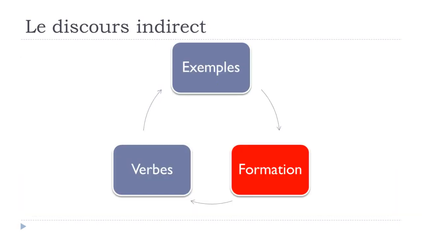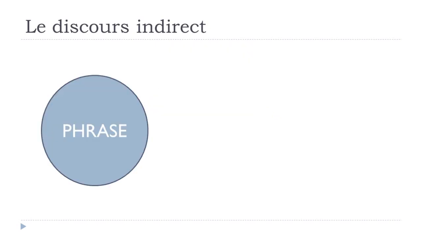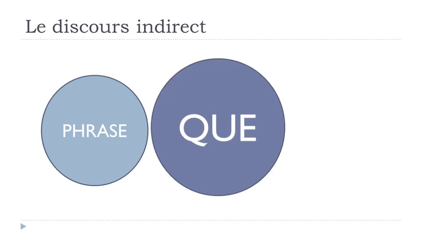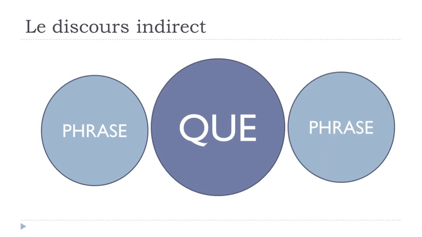So, if we want to discover, or not really discover because we saw that, la formation, keep in mind that you will put first the first part of the sentence, then que, which could be translated with that in English, and the rest of the sentence, the second part, that you should, in some cases, modify. Okay, we're talking about the subject and the verb.